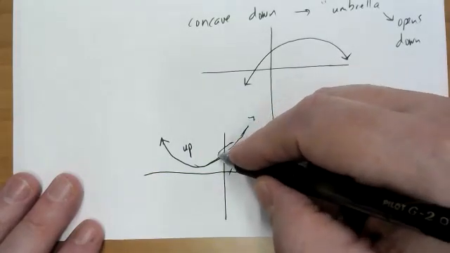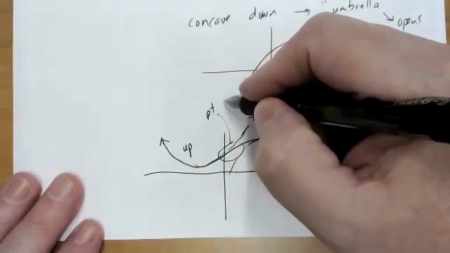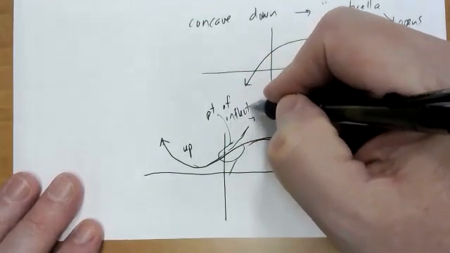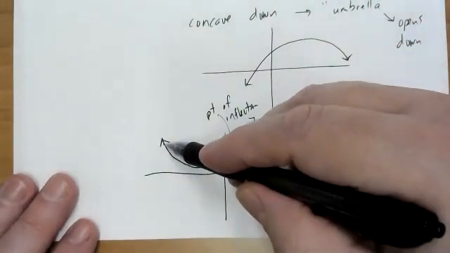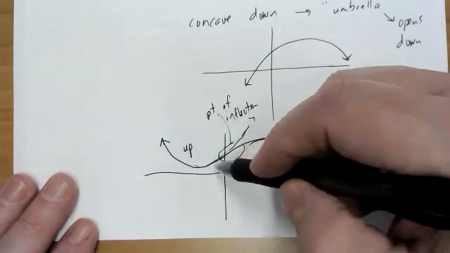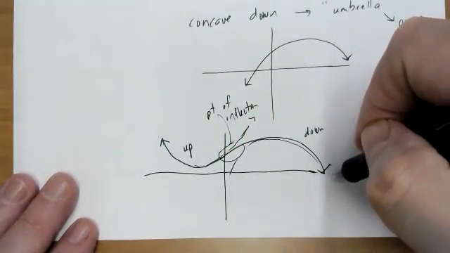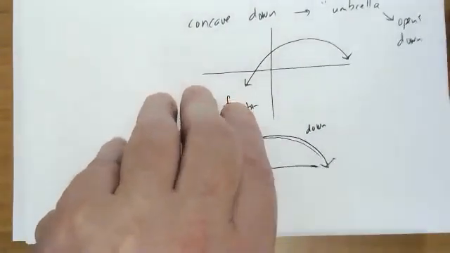So somewhere in here, and it's not always easy to tell, would be our point of inflection. The point of inflection is the point at which the concavity changed from concave up to concave down. Let me do one more example by hand, and then we'll look at some graphs printed out.